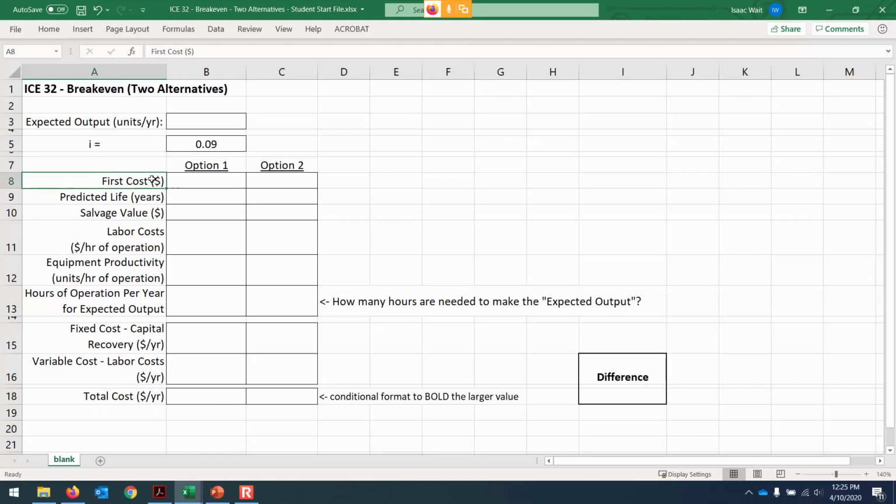So put in the first cost, put in the lifespan and the salvage value, and then use this information that you filled in to calculate the capital recovery. So on an annual basis, how much are we spending to own and operate this equipment? Alright, I'm going to stop talking for a moment and give you some time to calculate the capital recovery, and then I'll rejoin and demonstrate that, and we'll continue moving forward.